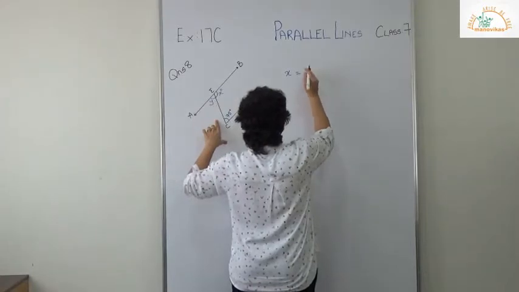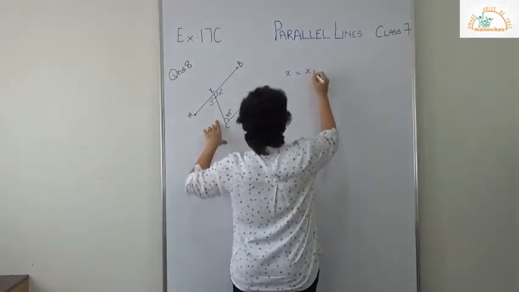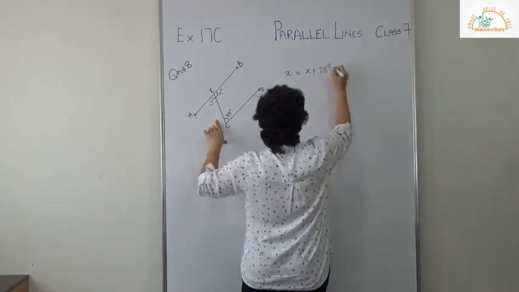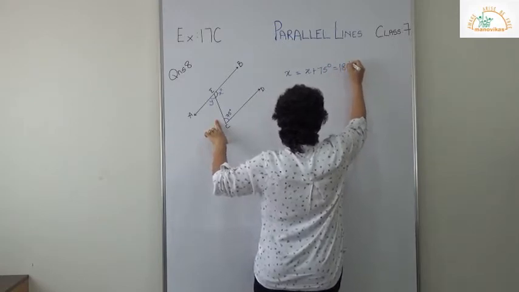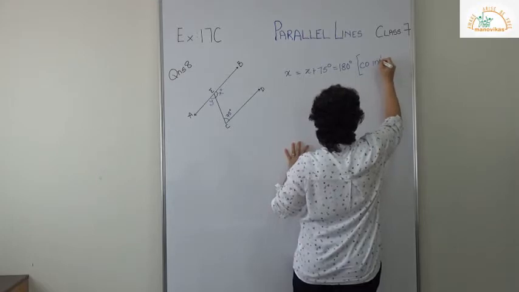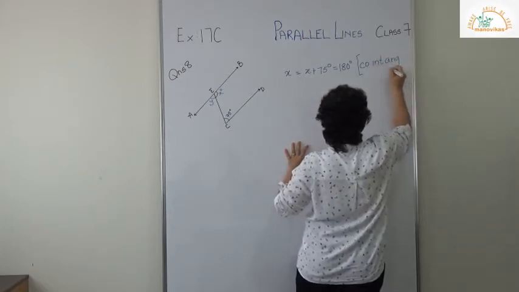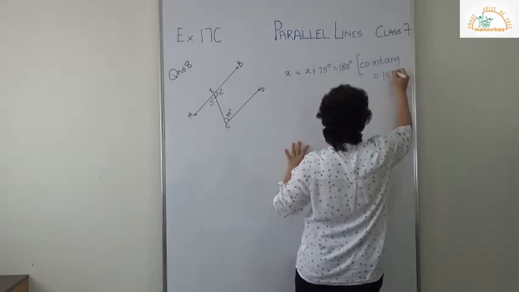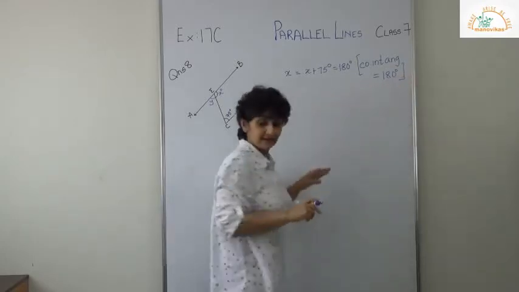So you know, X plus 75 degrees is equal to 180 degrees. What is my reason? Co-interior angles are equal to 180 degrees. Correct?